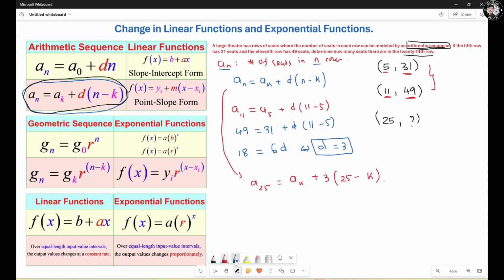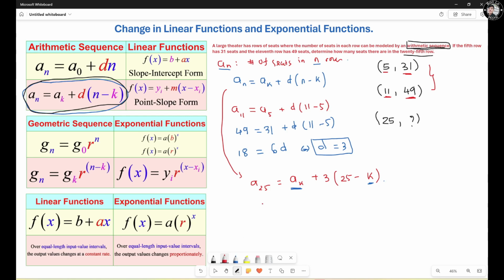Now for k and a sub k right here, I'm going to pick either of these. If you pick k as 11, then a sub k must be 49. If you pick k as 5, then a sub k must be 31. So it doesn't matter which number you use, you still get the same answer.